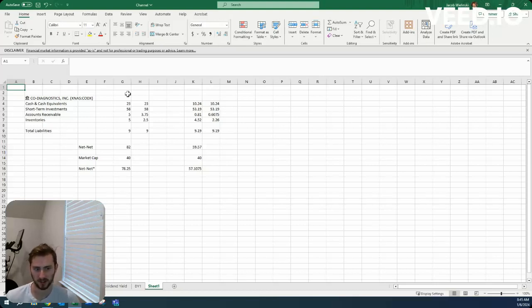You're selling for 50 cents on the dollar. So if you had 100 million in inventories, we're saying that it becomes $50 million. And so those are the two ways of calculating a net-net. The actual definition of a net-net is just current assets minus total liabilities being greater than market capitalization.